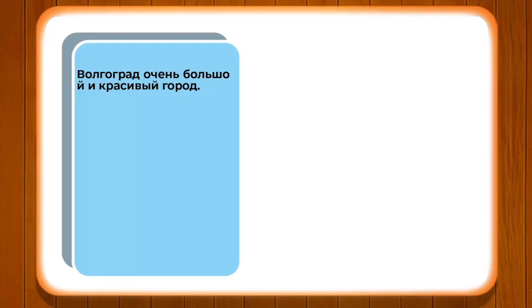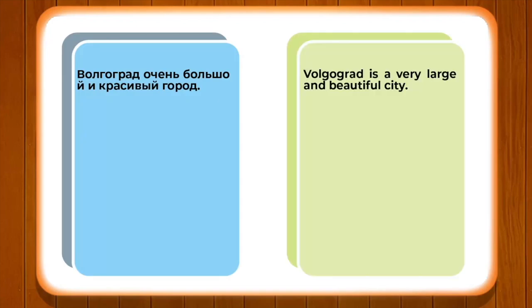So, Волгоград очень большой и красивый город. Volgograd is a very big and beautiful city. As per the requirement of the noun, there is an agreement between the adjective ending and the noun. In this case, there is an agreement between город, which is of masculine gender, and красивый and большой.